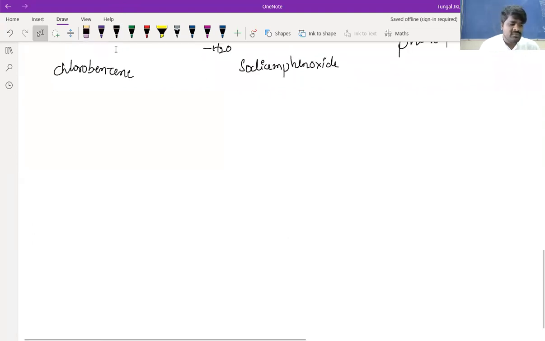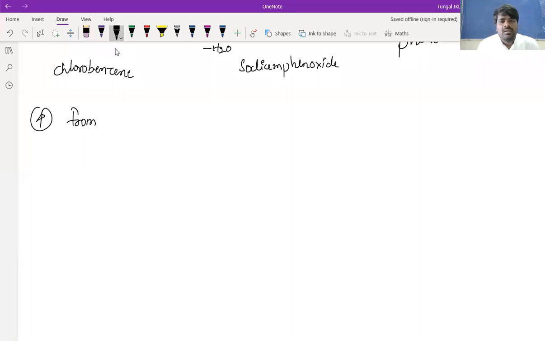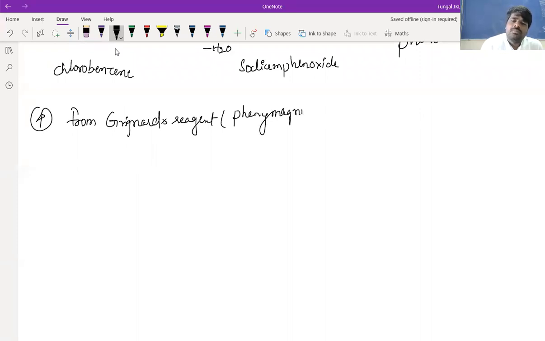And the fourth method is from Grignard reagent. What is Grignard reagent? Phenyl magnesium halide.